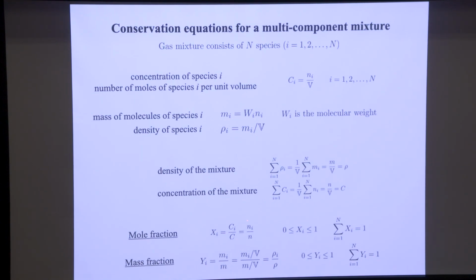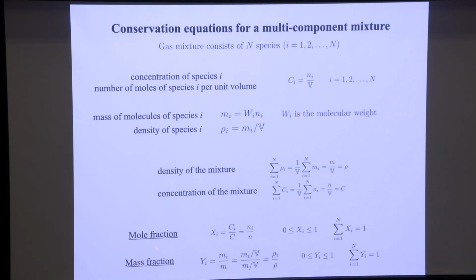Or it can be written as Ni over N, because the only difference is dividing by V, sorry. So Xi are the mole fractions, and of course they are numbers between 0 and 1. And when you sum all Xi, the sum of all Ni is N, N over N is 1, so clearly the sum must be equal to 1.